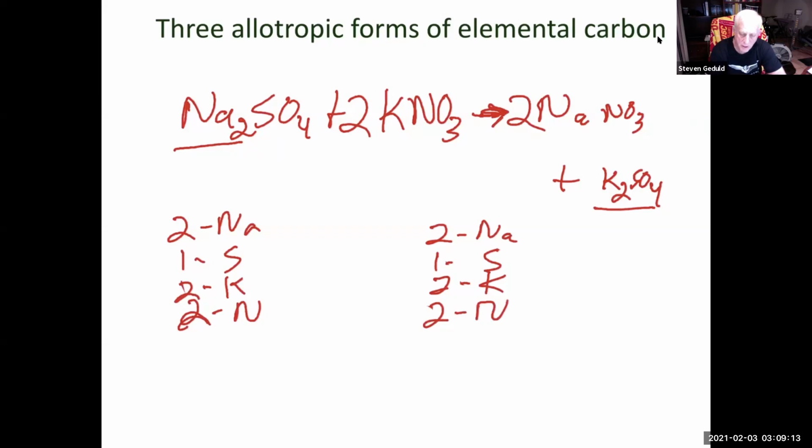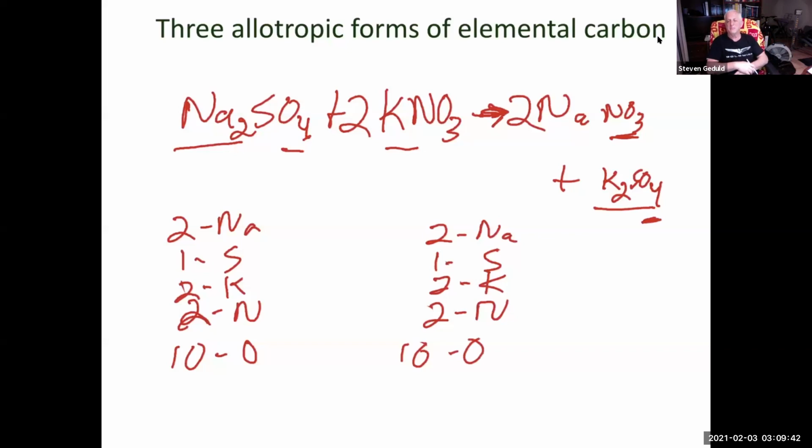And what's left? Oxygen, right? So how many oxygens are on the left side? 10. Perfect. There's 4 here and 6 here, so you have 10 oxygens. How many on the right side? 10. We've got 6 over here and 4 over here. And we're balanced. Perfect.